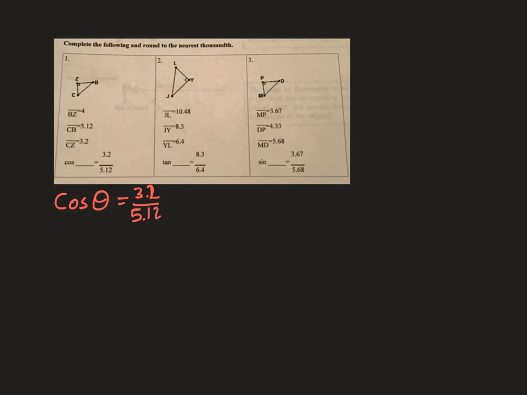Now, in order to get our angle, we need to take the inverse cosine or the arc cosine of our original cosine, theta.